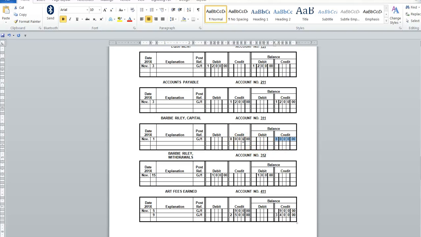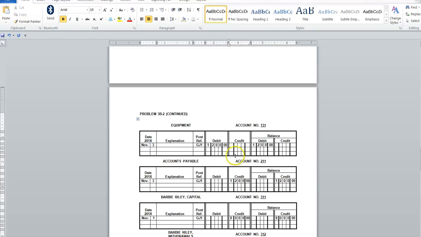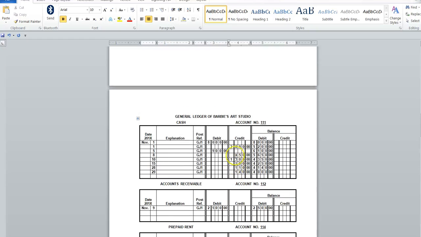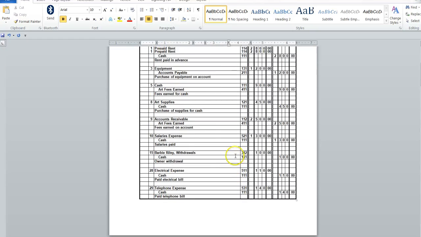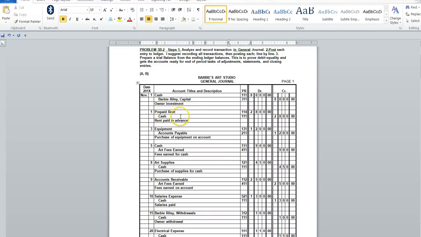I just added. How do you add to capital, right? You add by crediting it, and therefore you have a credit balance. What I'm going to do is take that second transaction, then I think we'll wrap it up because it'll get too long.